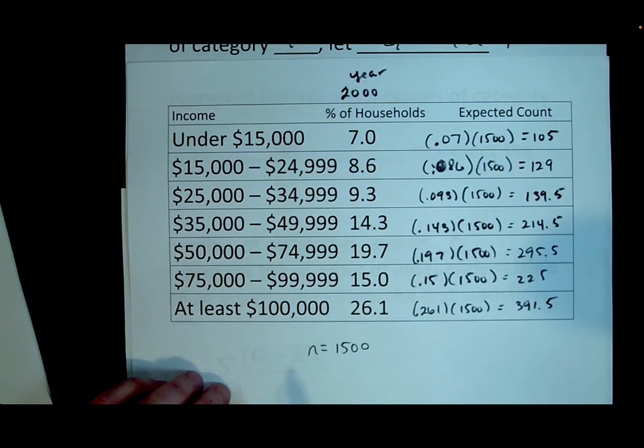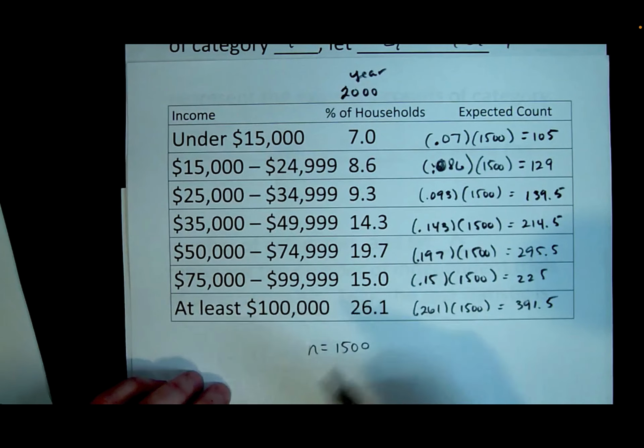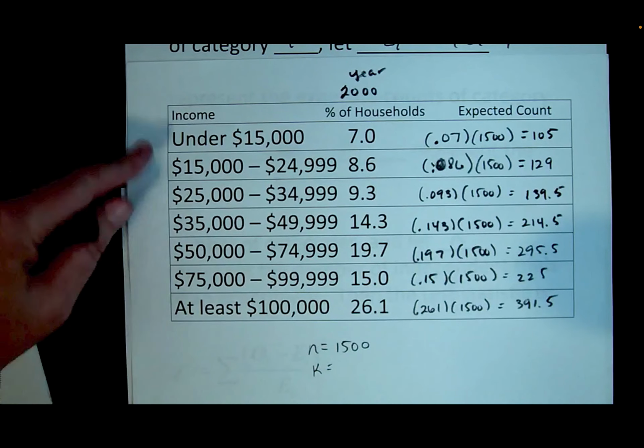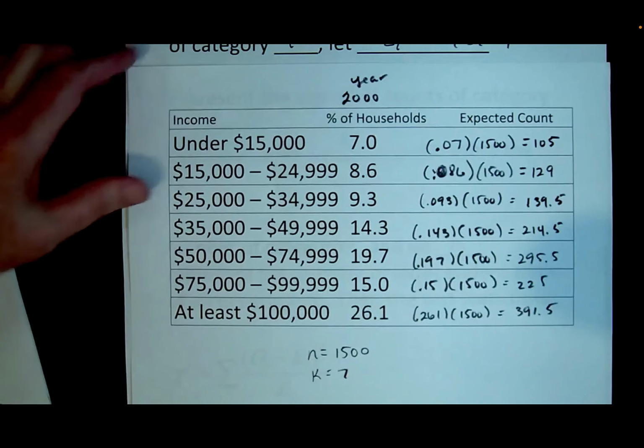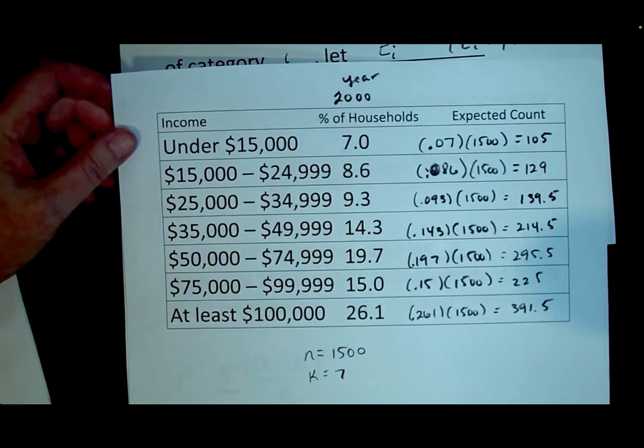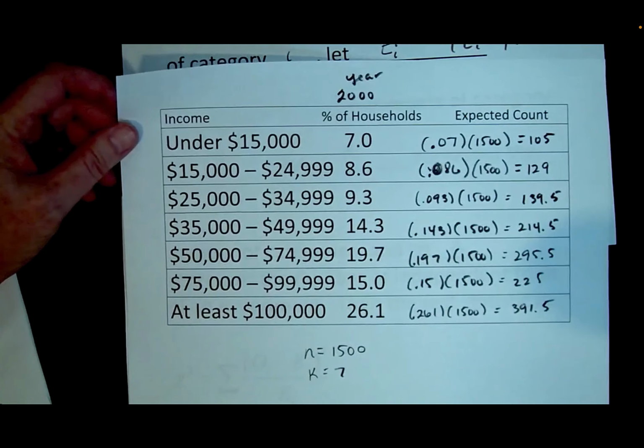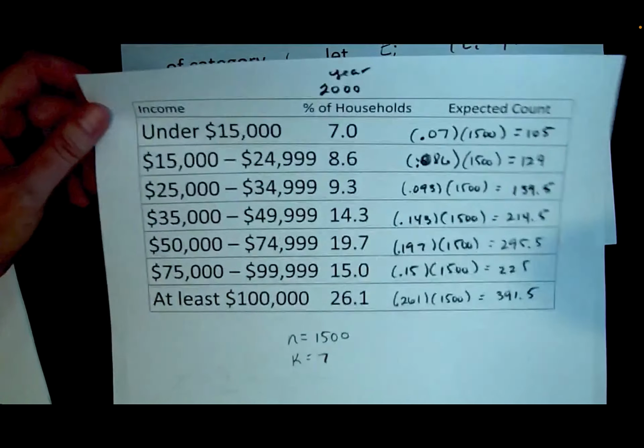And then the number of categories is what we're going to call K. So in this example, K would be 7. Okay, and we're going to come back to this example, so you'll have a chance to write this stuff down again for that example. I just wanted to explain it while we were being introduced to this notation.